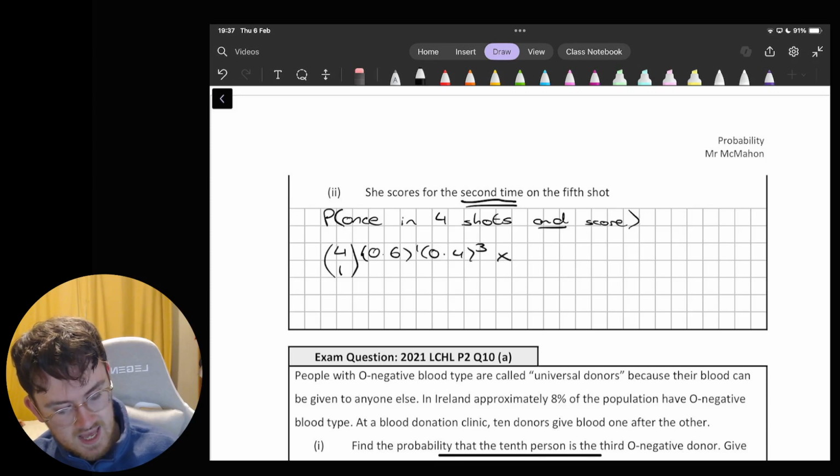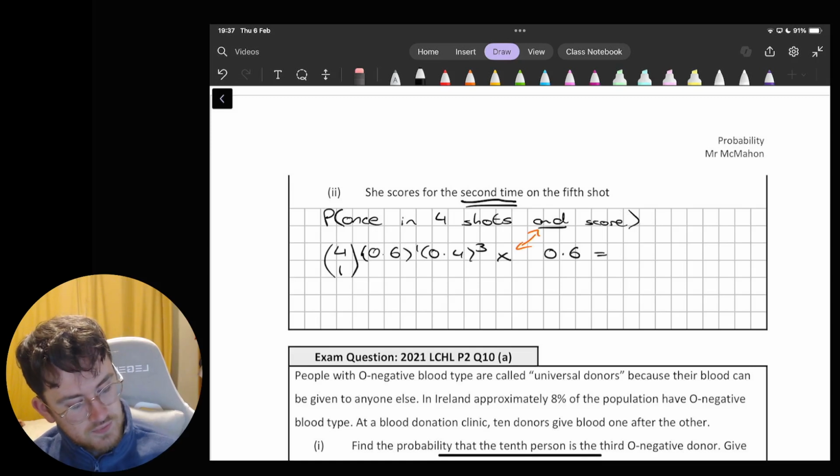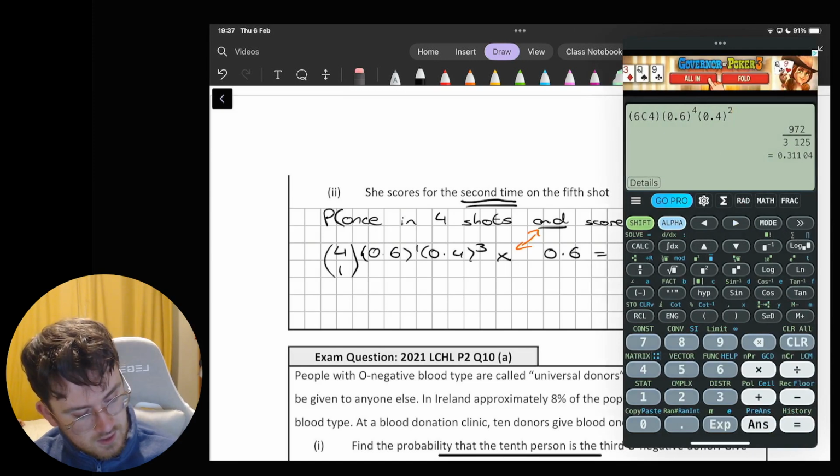Because we're using the word and there, as we said already, that relates to multiplication because they're independent events. The probability she scores on that 5th shot is an isolated independent event, unaffected by what has come before. So the probability she scores on that one is just 0.6 on its own. And I can adjust what we have here a little bit.